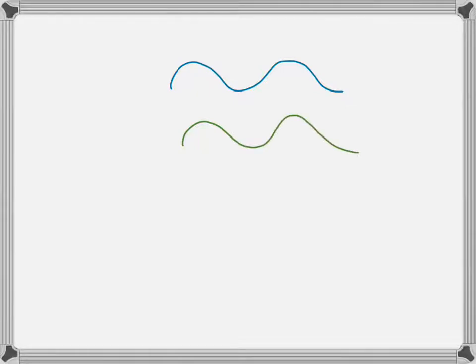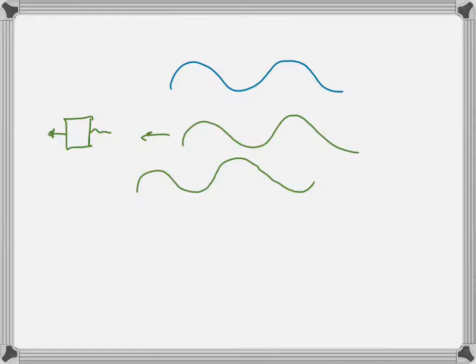But if I slow down one wave, or if I take the source and move it backwards, which is the same thing as slowing it down, I can just shift that wave backwards. We can do that literally by taking the speaker that's playing the wave and shifting it backwards.